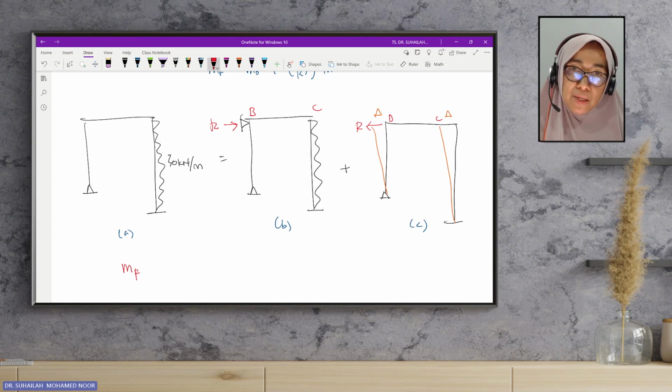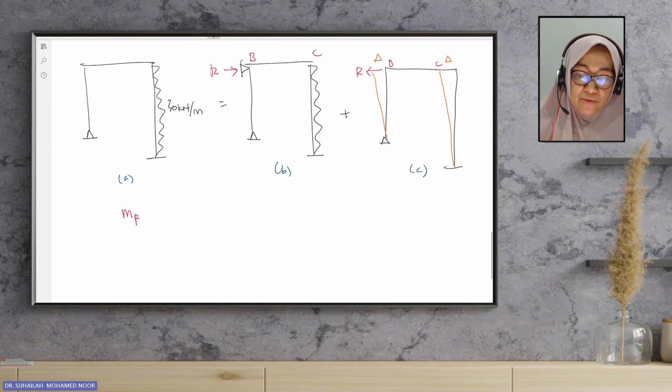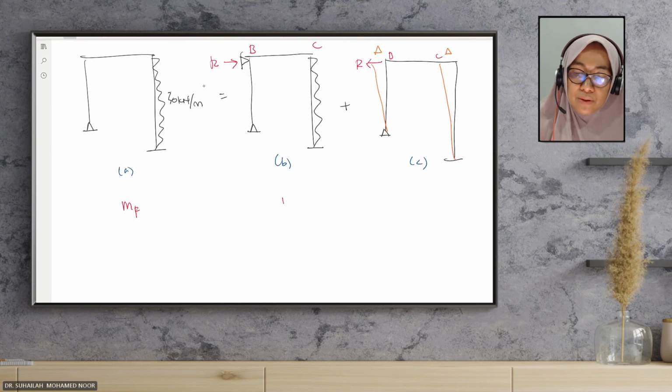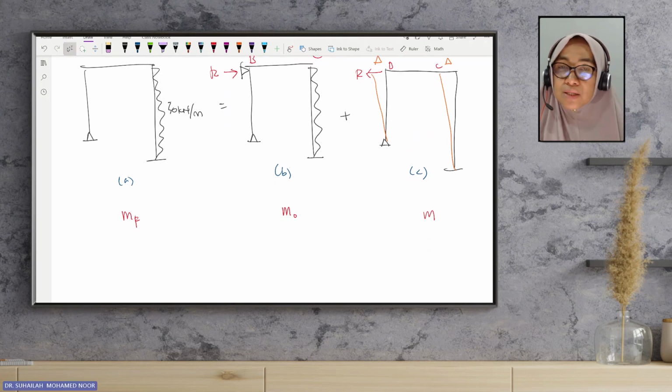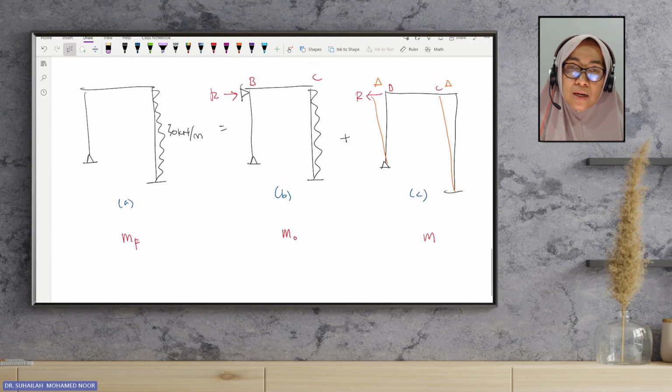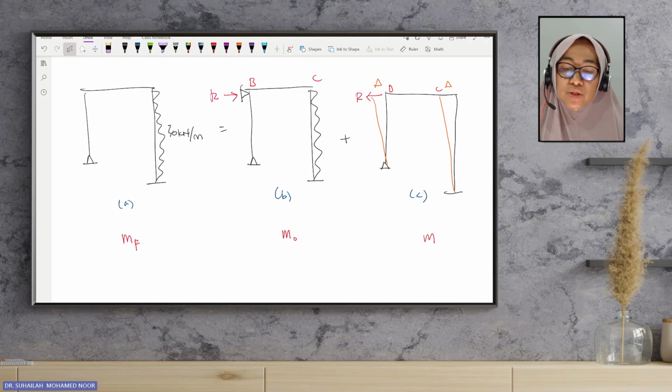In diagram B, we will have M naught, and we get this from table 1, and due to R and delta, there will be M. This is the principle of superposition, because B plus C we will get A.